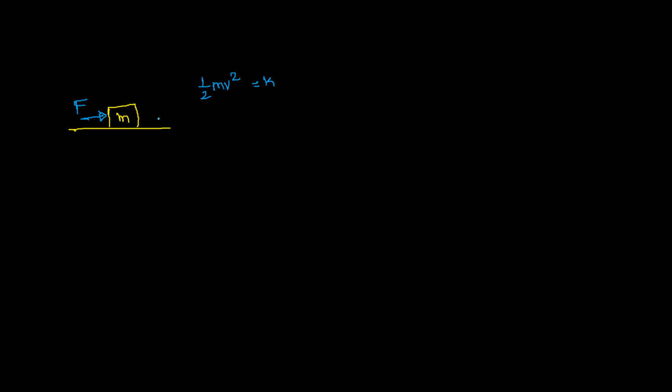Suppose I take it like this. Assume that initially the block was moving, and we apply a force opposite to the direction of motion. Suppose velocity is to the right, but we apply the force to the left. Since the net force is to the left, acceleration is to the left, but velocity is to the right.